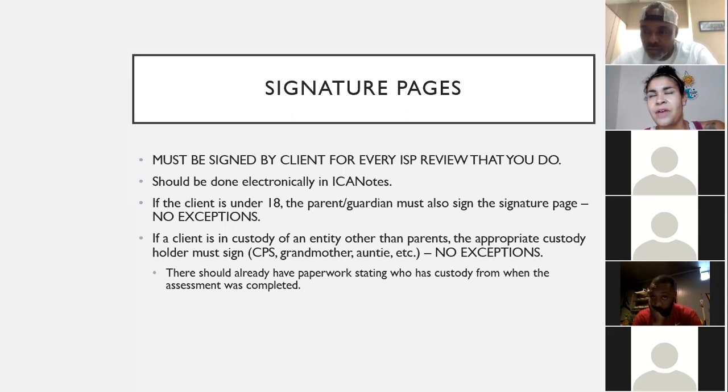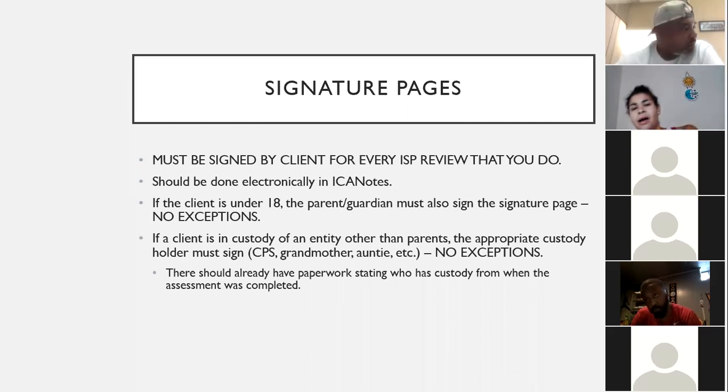If a client is in custody of someone other than a parental unit, there should already be paperwork from when the assessment was done, because whoever has custody of them would have needed to give permission to have the assessment completed as well.